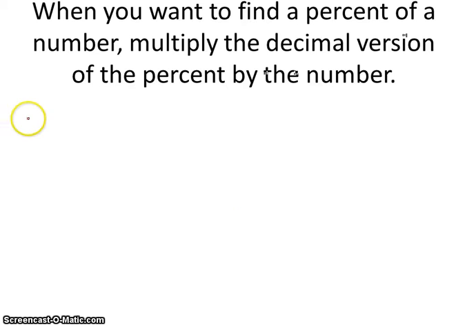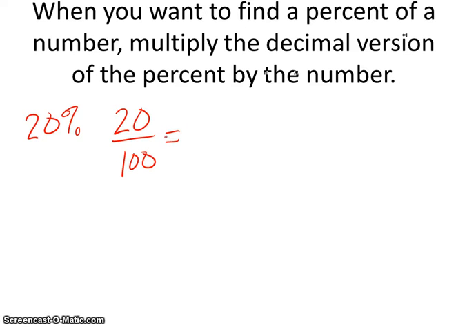In the problem we just looked at, we worked with 20%. And 20% can be written as a ratio, 20 over 100. If I were to read this ratio as a fraction, I would read it 20 hundredths. If I wanted to turn this ratio into a decimal, I would write it the same way I read it as a fraction, 20 hundredths.